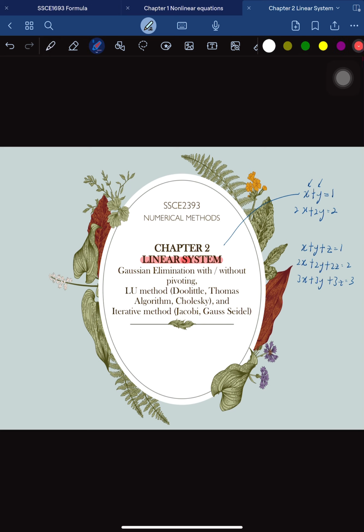First we will use the Gauss Elimination Method, which you have already learned in EM1 chapter 7, and also Gauss Elimination with pivoting. Then we have the LU method, which is Doolittle, Thomas, and Choleski. And the last one is the iterative method, Jacobi and also Gauss Seidel.